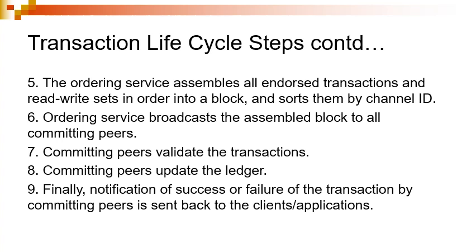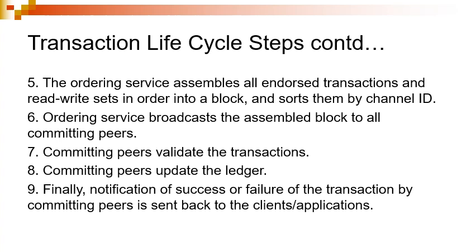Committing peers update the transactions, and finally after updating the ledger, that block is inserted in the blockchain. Updating the ledger means the block will be created by ordering nodes and broadcast.